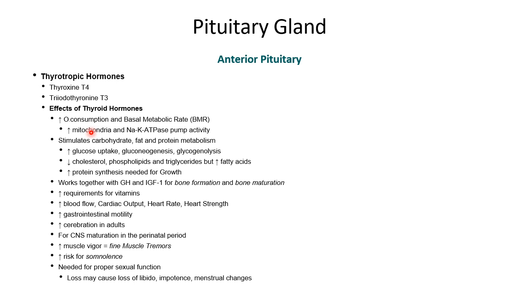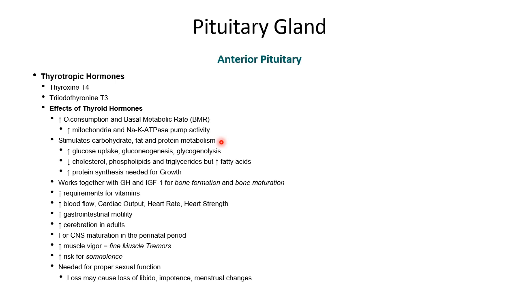It also increases the activity of your sodium-potassium adenosine triphosphatase pump, which causes transfer of 3 sodium atoms outside the cell and transfer of 2 potassium atoms inside the cell. But because that transfer goes against the concentration gradient, you need to expend energy in the form of adenosine triphosphate.